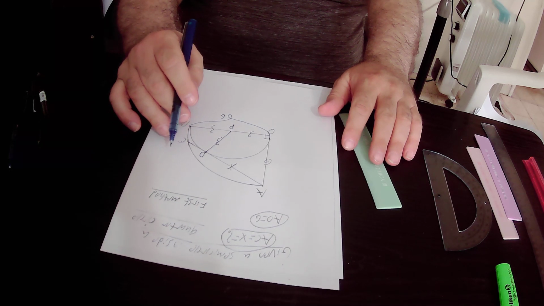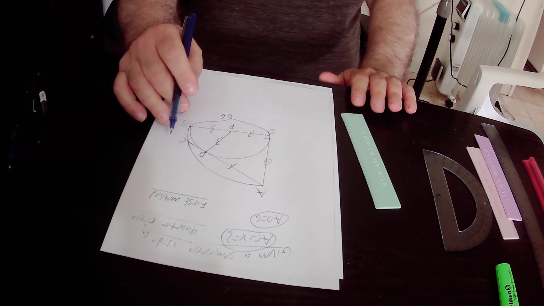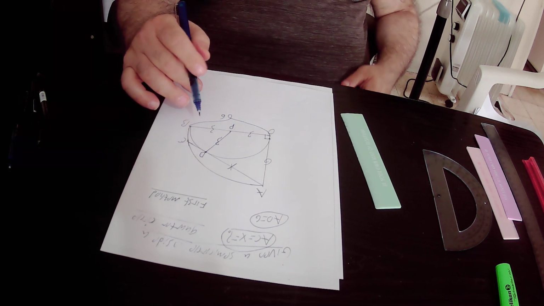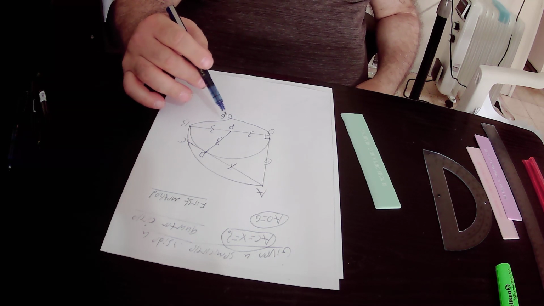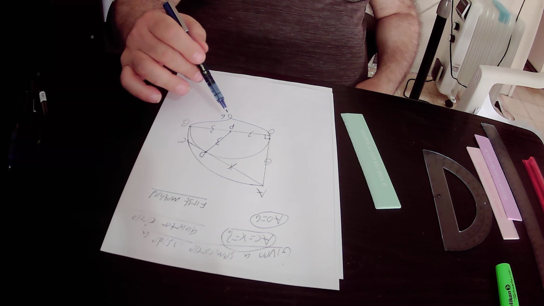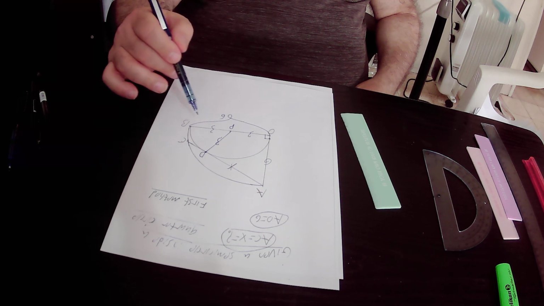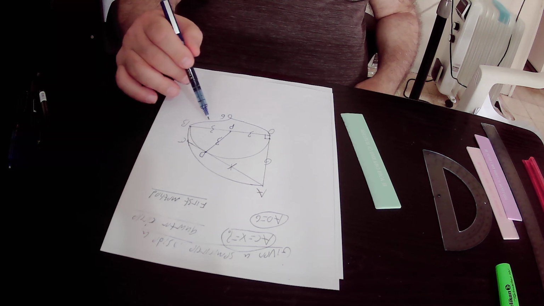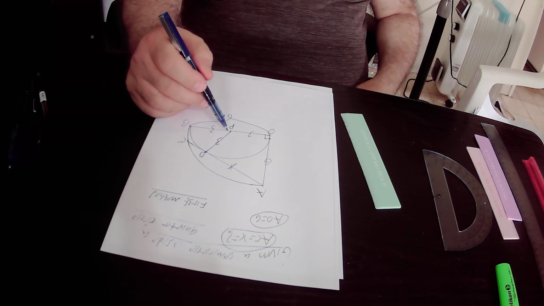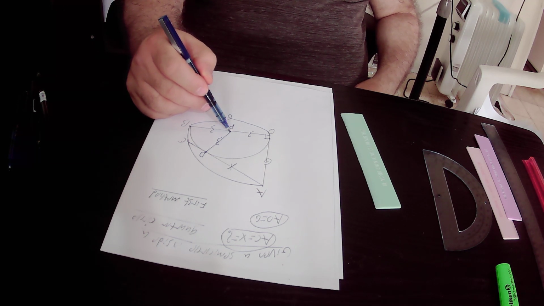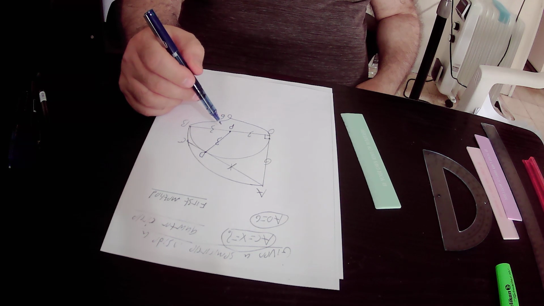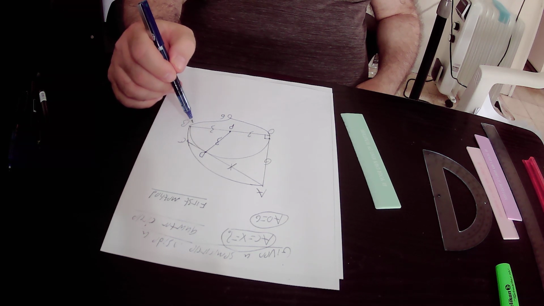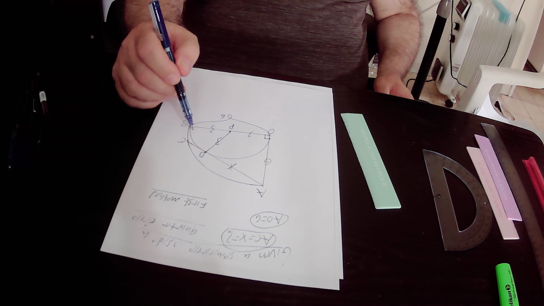Okay, I repeat again, all those line segments OP, PD and PB are the radii of the semicircle because they start from the center of the semicircle, that is to say from point P, and end at a point on the semicircle itself, and this is exactly the definition of a radius.